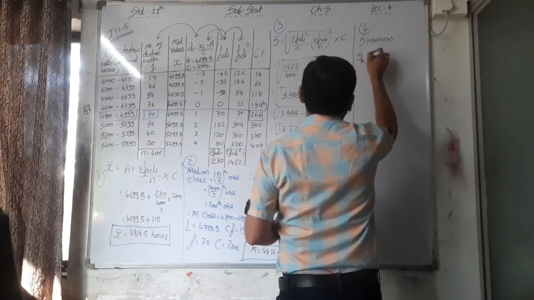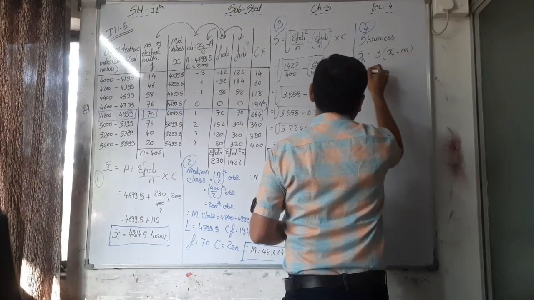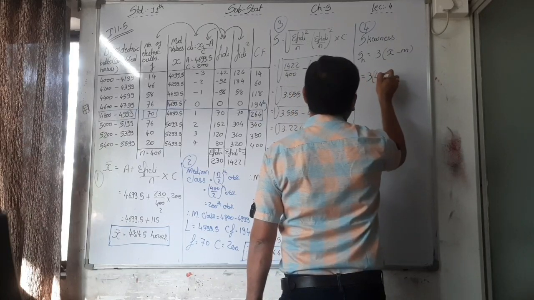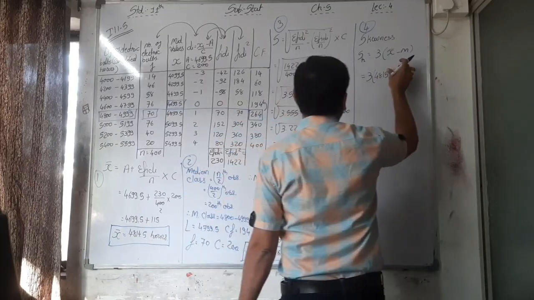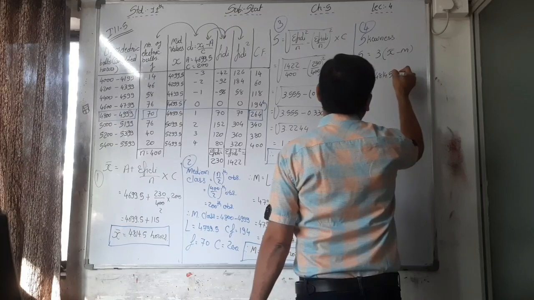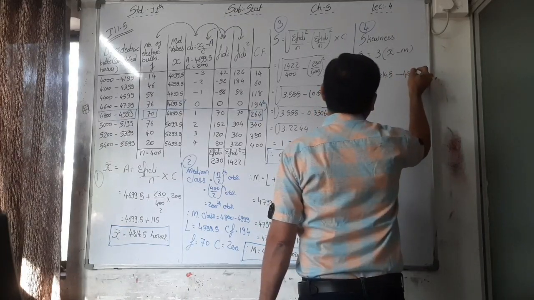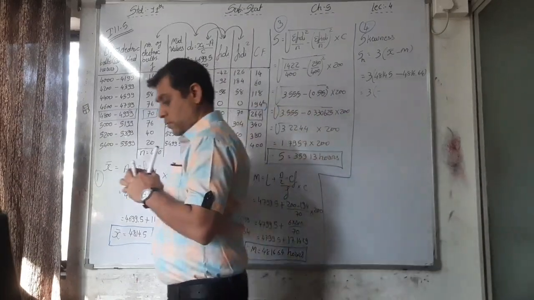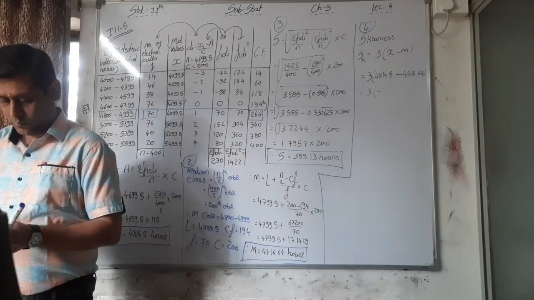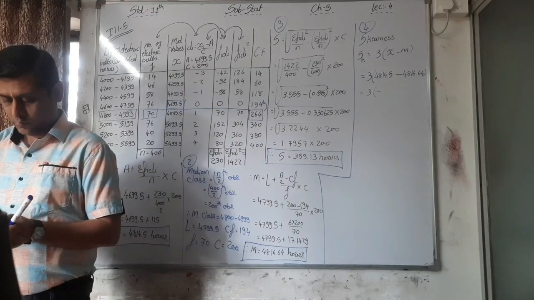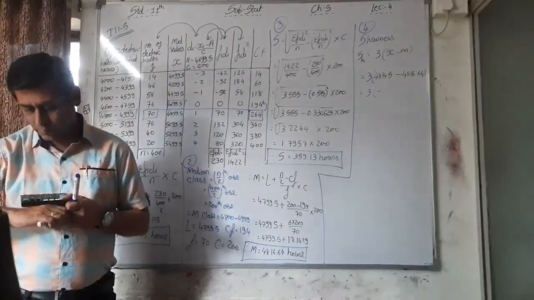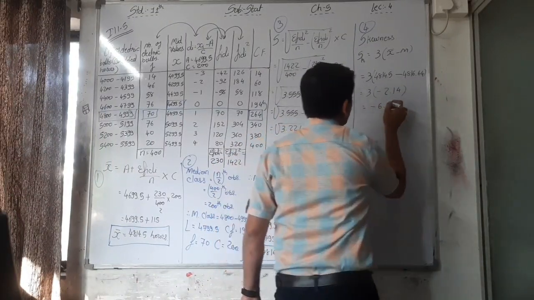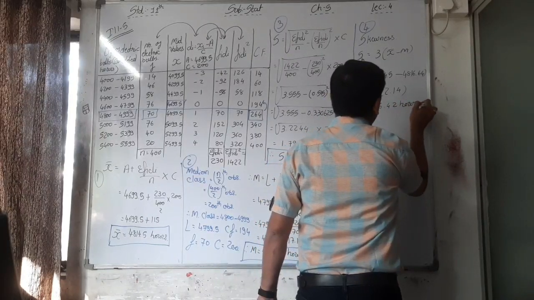Sk is equal to 3 into bracket x bar minus m. 3 into bracket x bar is equal to 4814.5 minus median 4816.64. 3 into bracket minus 2.14, that is minus 6.42 hours. That is your Sk.